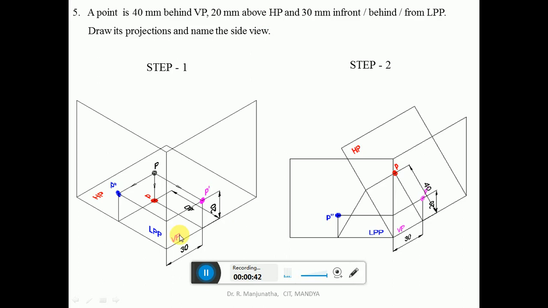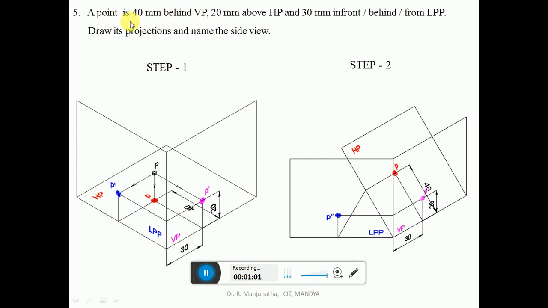Above HP is vertical, which is 90 degree, and behind VP is horizontal, which will be HP, behind. So naturally it is 90 to 180 degree. That is how we can fix that this is a case wherein it is in the second quadrant.